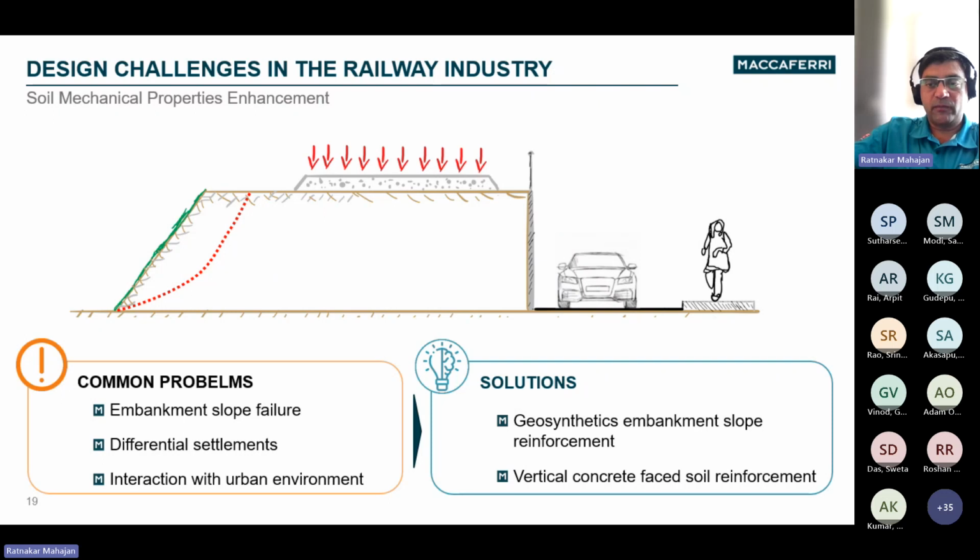The common problems in the design of reinforced soil structures are basically embankment stability failure, the management of differential settlements, and the interaction with the environment. Of course, the solutions are geosynthetic embankments in the form of slope reinforcement or vertical faced soil reinforcement.